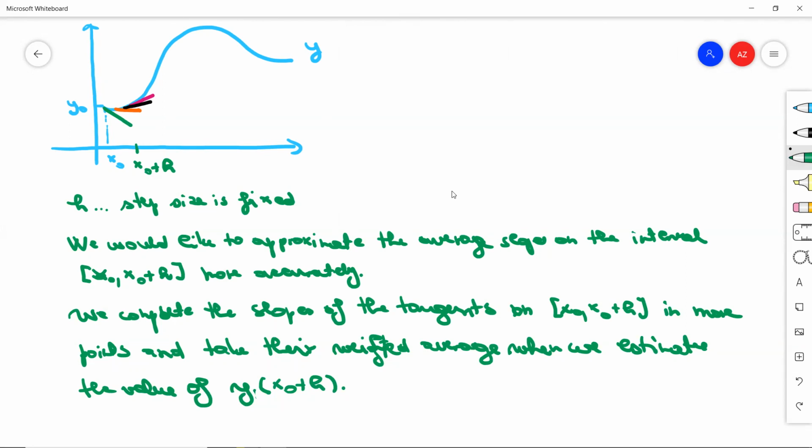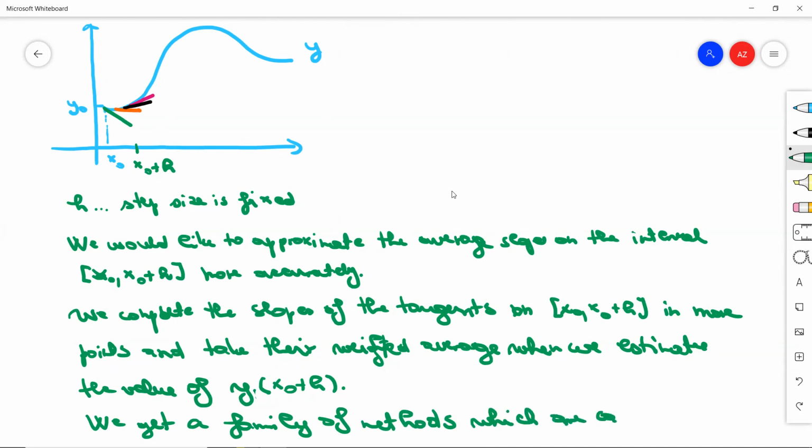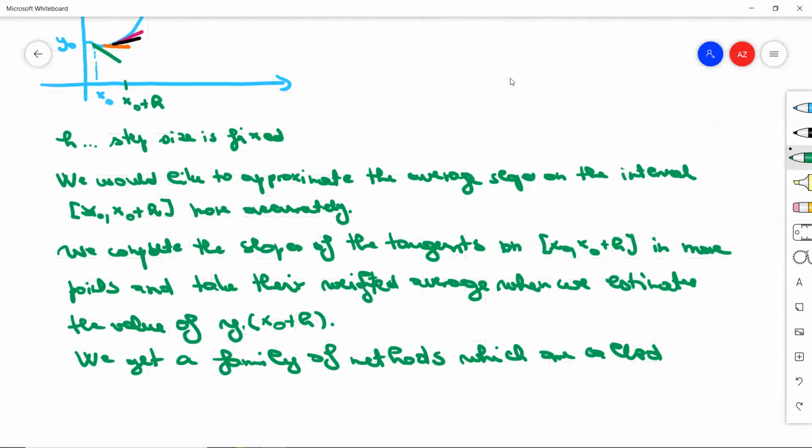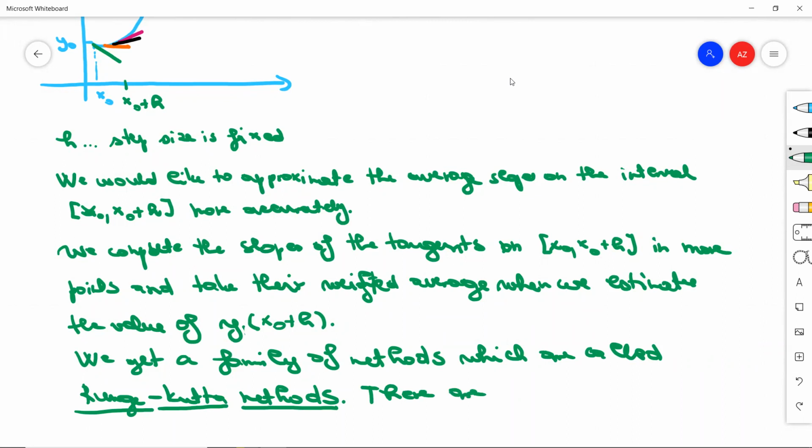It's a family of Runge-Kutta methods. There are many of them. There are a lot of them.